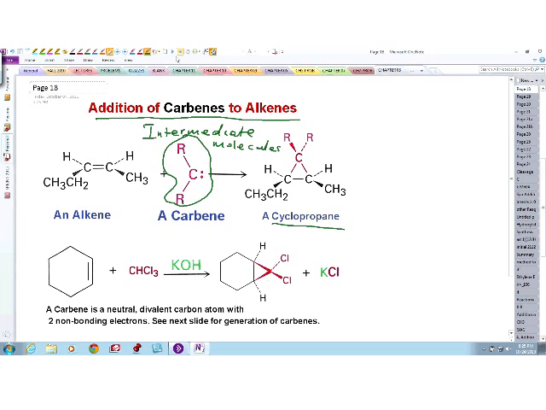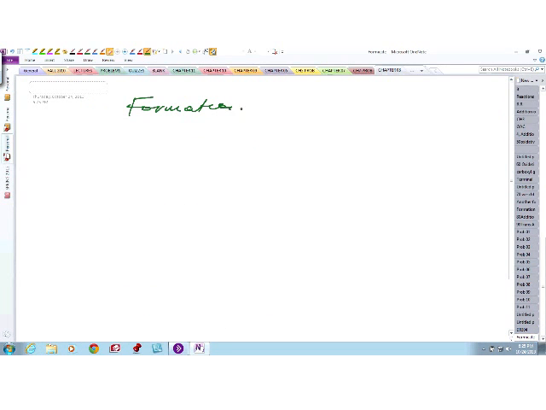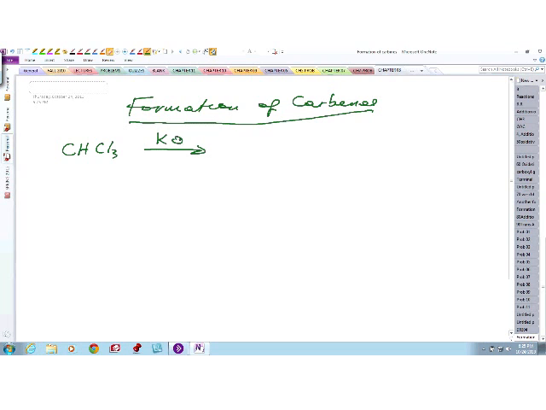The formation of this is not a very general reaction, so if you take chloroform and you take potassium hydroxide, this chloroform here is capable of generating an intermediate carbene.